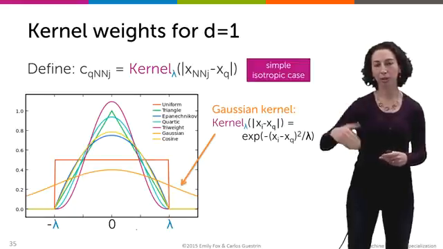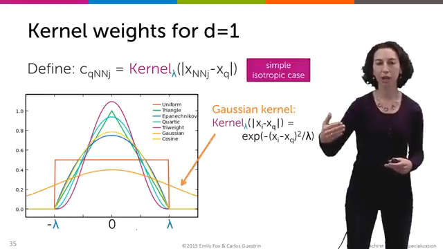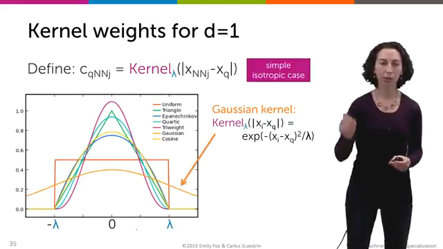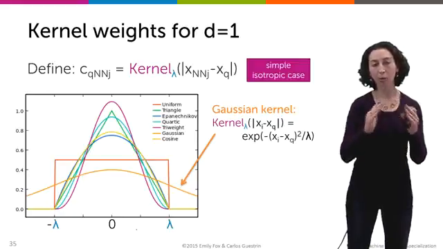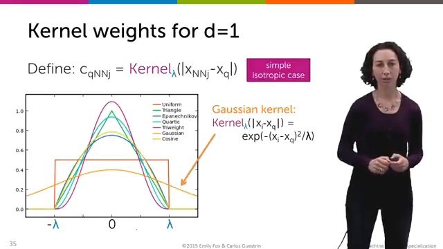And importantly, this whole thing that I described is exponentiated so that all these weights are positive. But I want to emphasize that this parameter lambda that all of these kernels have, that's why I've written kernel sub lambda, defines how quickly we're going to have the weights decay as a function of this distance.